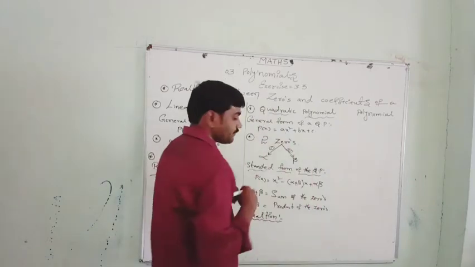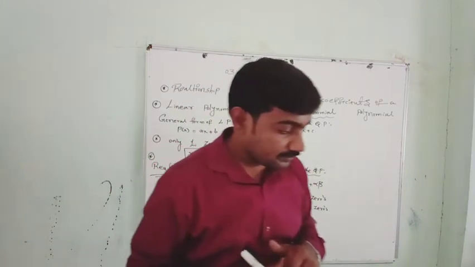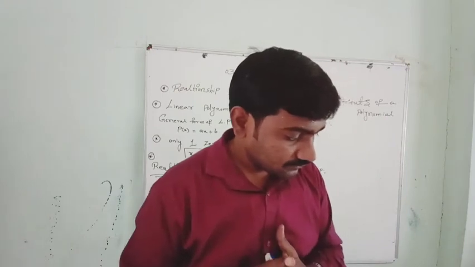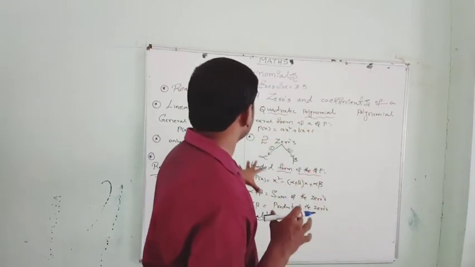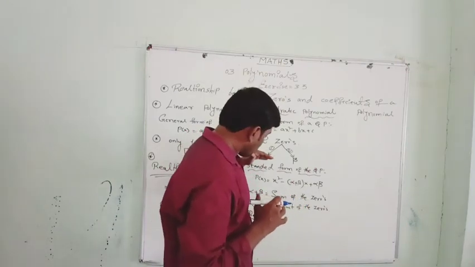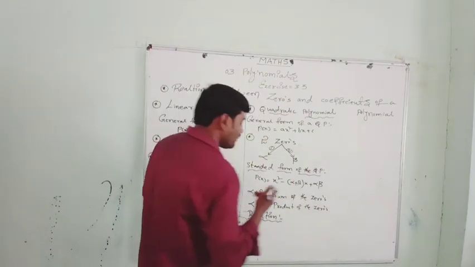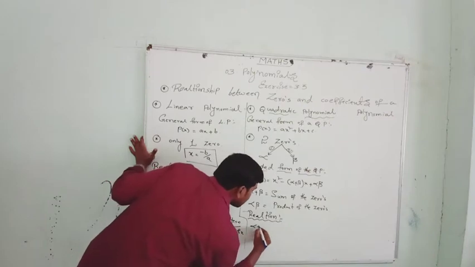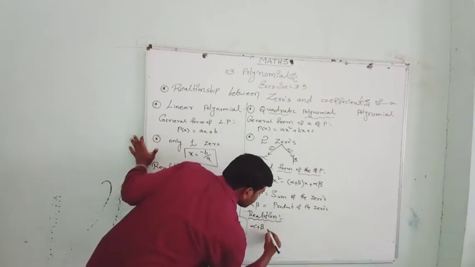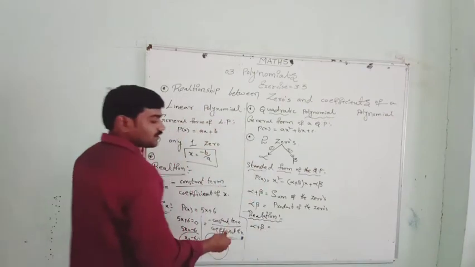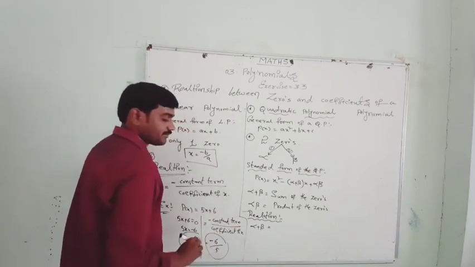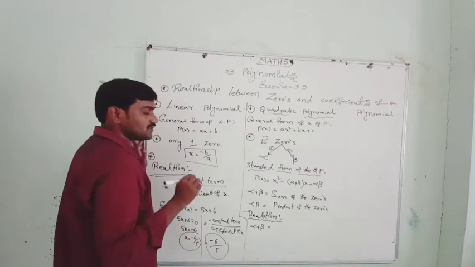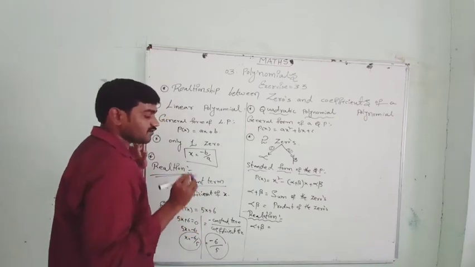Then we go for the relation for the quadratic polynomial. First, alpha plus beta. Directly we don't go for alpha, here we go for alpha plus beta.